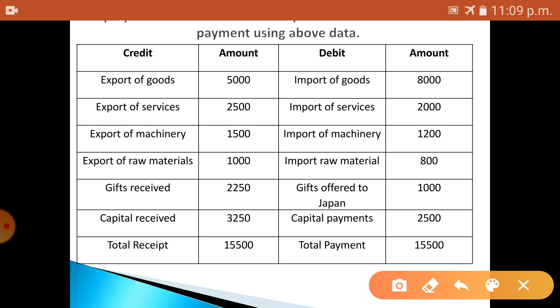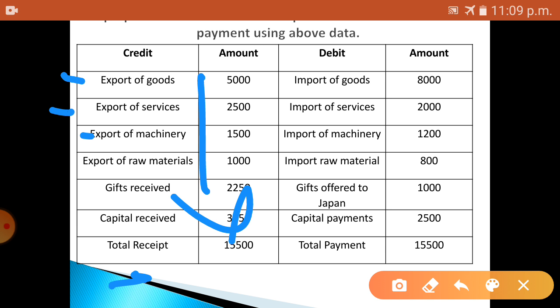First, on the credit side we have export of goods 5000, export of services 2500, export of machinery 1500, export of raw materials 1000, gifts received 22,050, capital received 3,250, and we should add and write the total receipt.